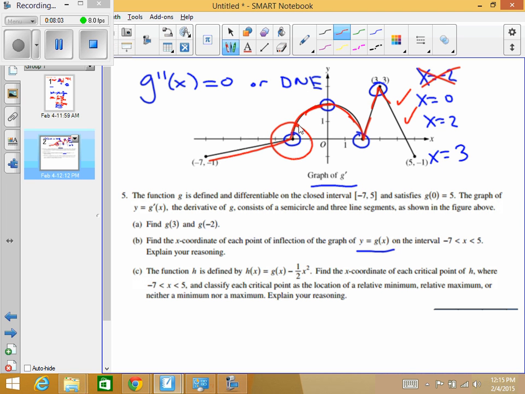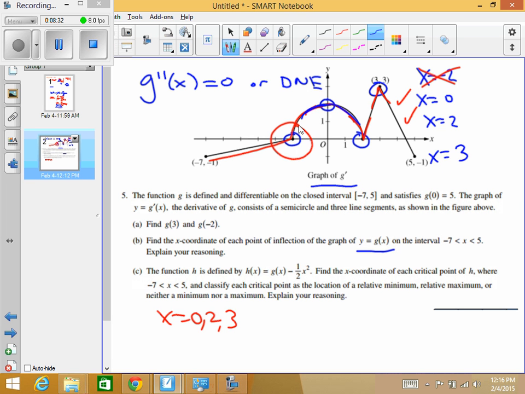Going for the full points there, you need to identify the points of inflection. That would be x equals 0, x equals 2, and x equals 3. And it also asks you to explain your reasoning. One way you might explain that is you might say, at x equals 0, the slope of g prime changes from positive to negative.